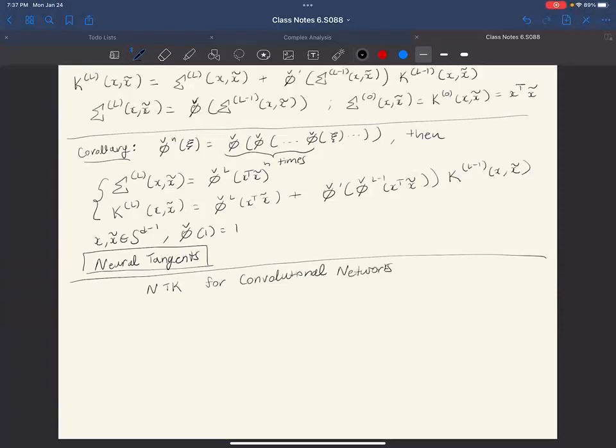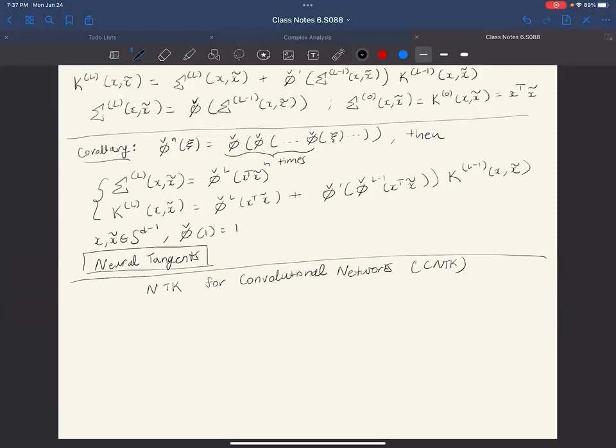And here, I'm not going to do any more calculations because these calculations are quite involved. What I'm going to do instead is just give a high-level intuition about why the convolutional neural tangent kernel, the CNTK, is different than the fully connected neural tangent kernel.